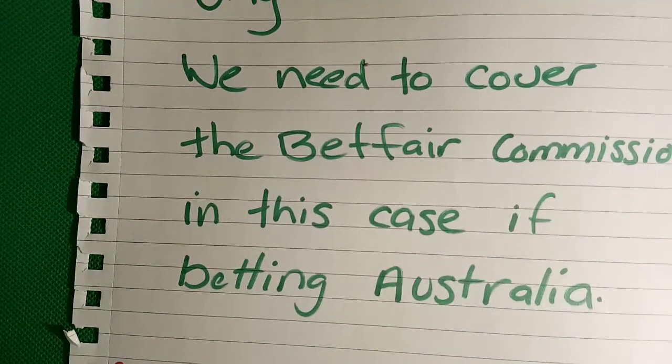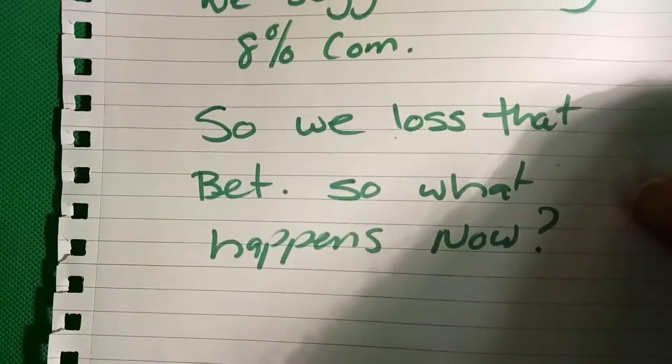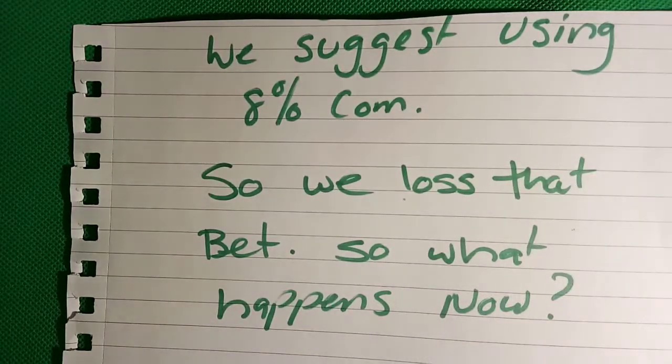So basically, we need to cover our commission in our target. So in this case, as we're betting in the Australian market, we suggest using an 8% commission. In fact, if you're betting Australia and then running it into the UK, best to run an 8% commission. This means that the bot will be allowing for the 8% commission when it tries to get its target.